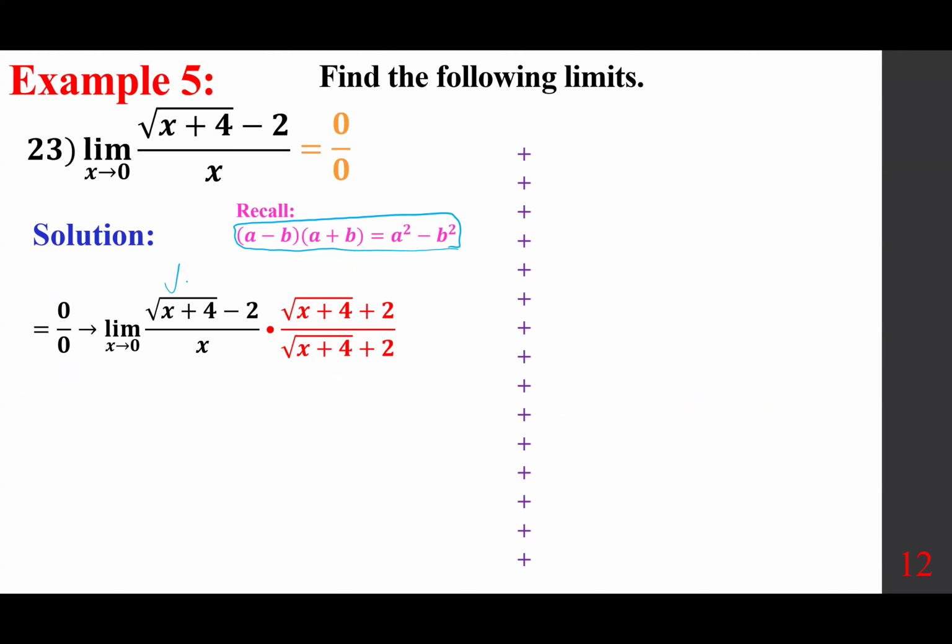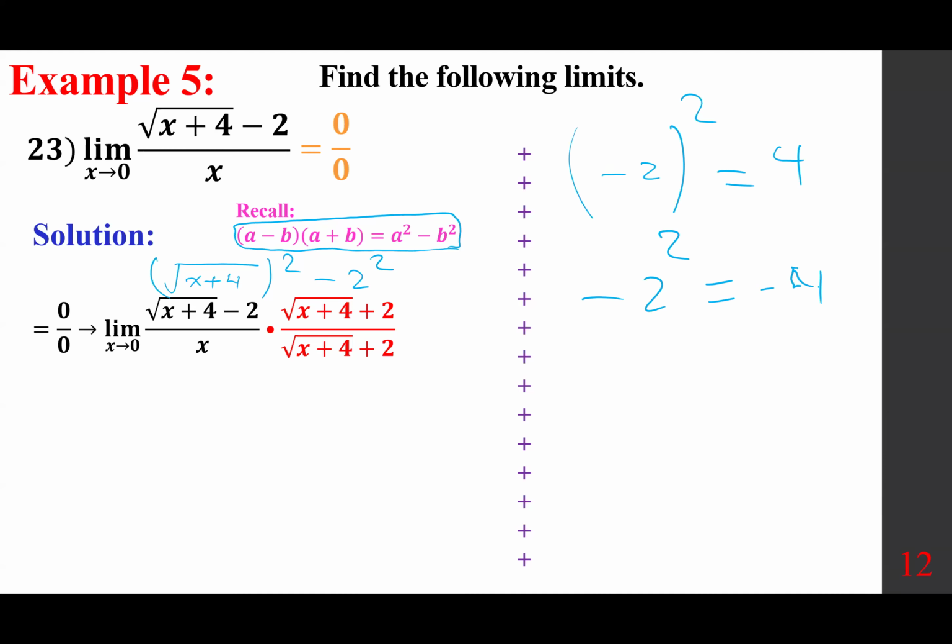So this would become the square root of x plus 4, quantity squared, minus 2 squared. And I want to remind you, minus 2 quantity squared is 4, but minus 2 squared is minus 4, and it has got to do with the order of operations.